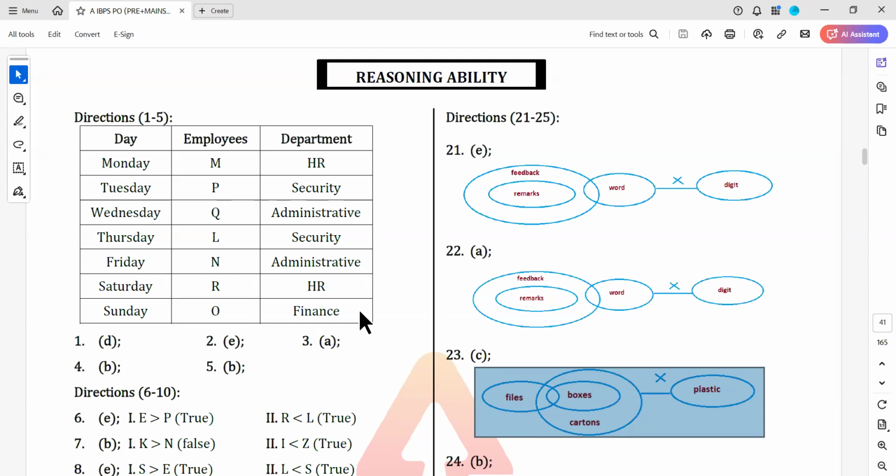Yes, sir. Edwina, very good. Then Jagan, are you practicing reasoning, quants, and other things? Not today, sir. Today I was reading the banking things. Okay, fine.